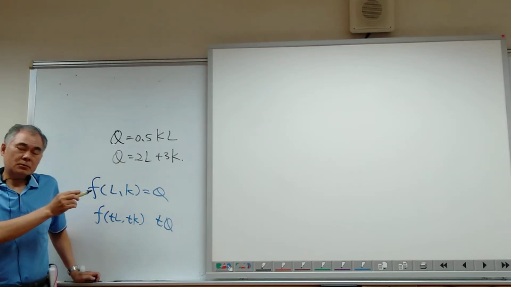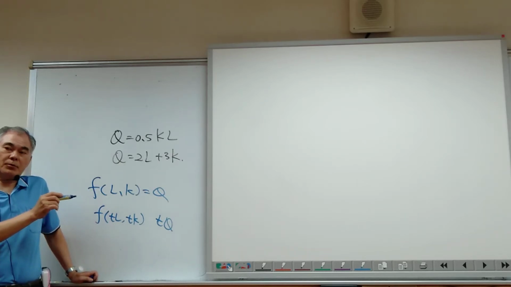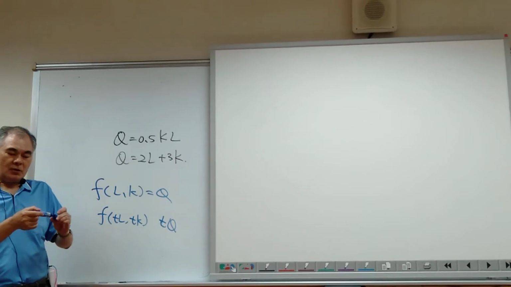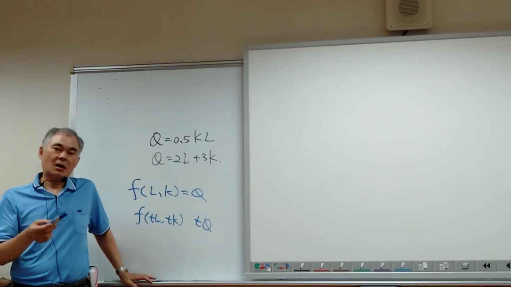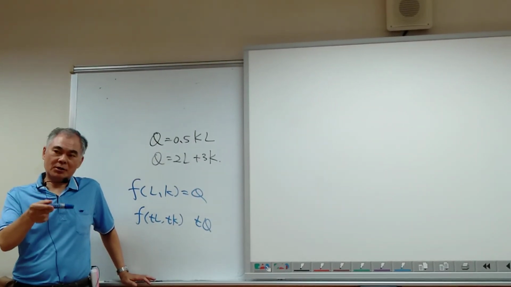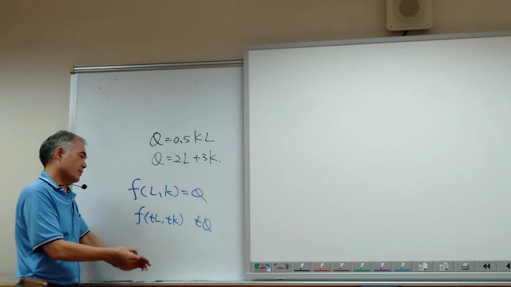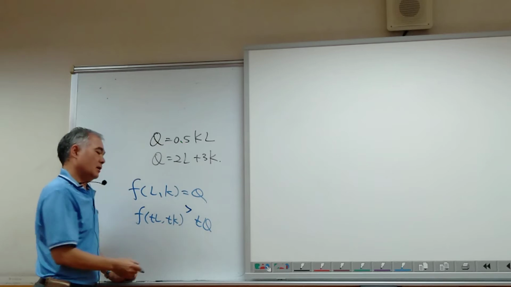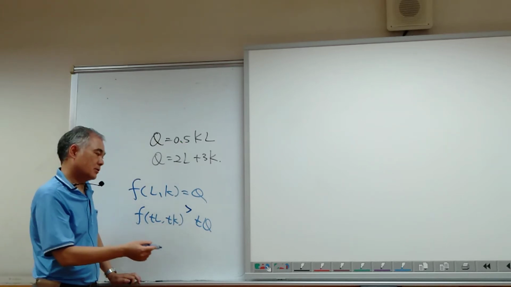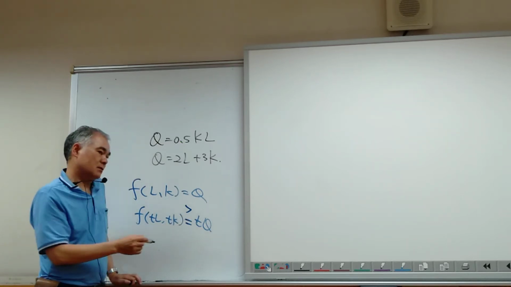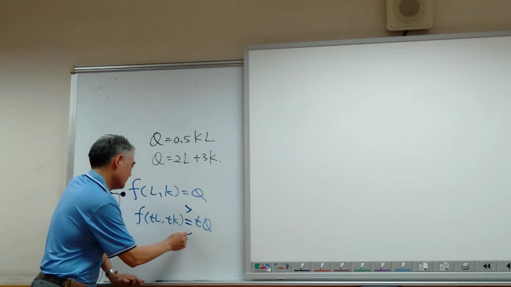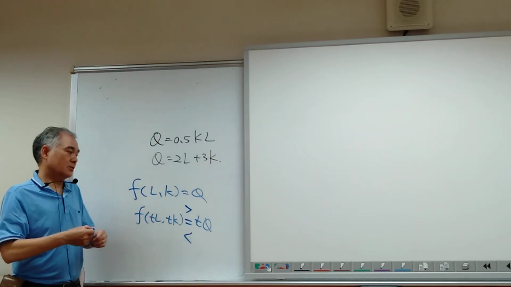So for returns to scale, it is very important that all inputs are changed with the same proportion. So T, okay? If it is greater, it is increasing returns to scale, if equal, that's constant returns to scale. If it is less than, it is decreasing returns to scale.